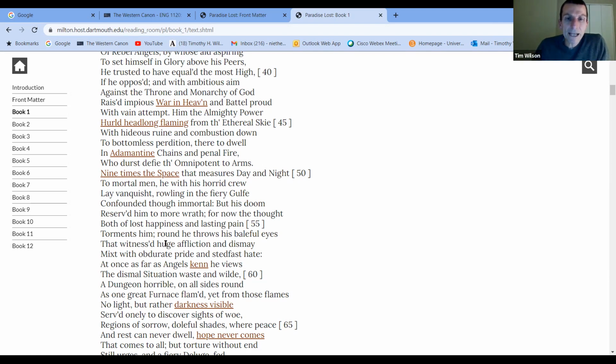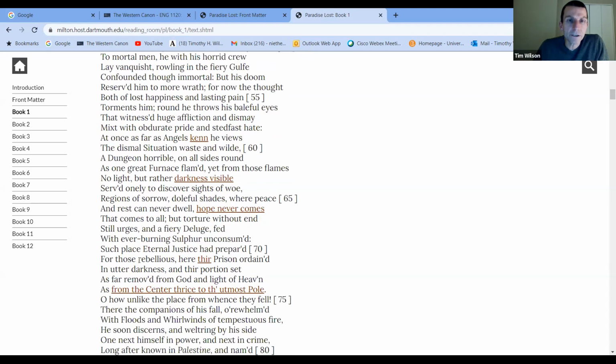Round he throws his baleful eyes that witnessed huge affliction and dismay, mixed with obdurate pride and steadfast hate. At once as far as angels can he views the dismal situation, waste and wild, a dungeon horrible on all sides round, as one great furnace flamed, yet from those flames no light, but rather darkness visible, served only to discover sights of woe, regions of sorrow, doleful shades where peace and rest can never dwell.